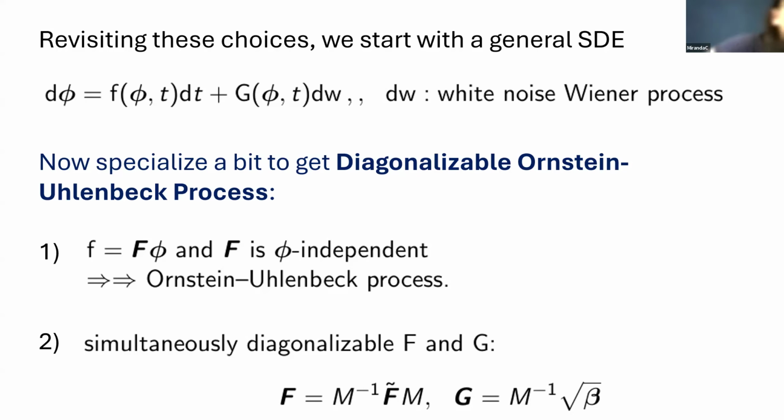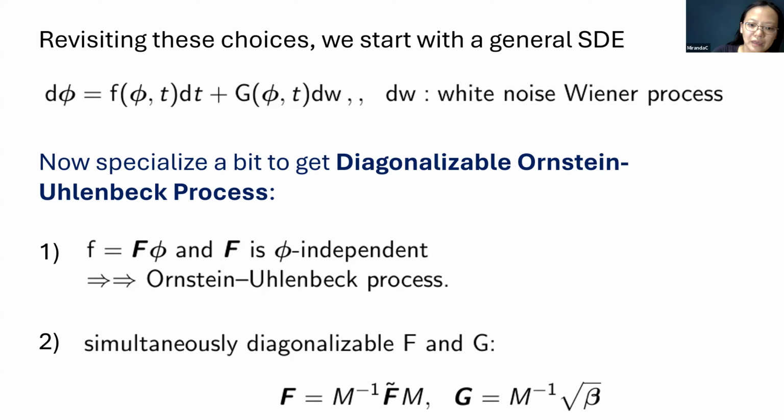But now we want to specialize a little bit because we still want certain convenient structures. In particular, we would like a diagonalizable Ornstein-Uhlenbeck process described by this SDE. First, we choose a specific form where this little s is linear in phi. That would describe an Ornstein-Uhlenbeck process.